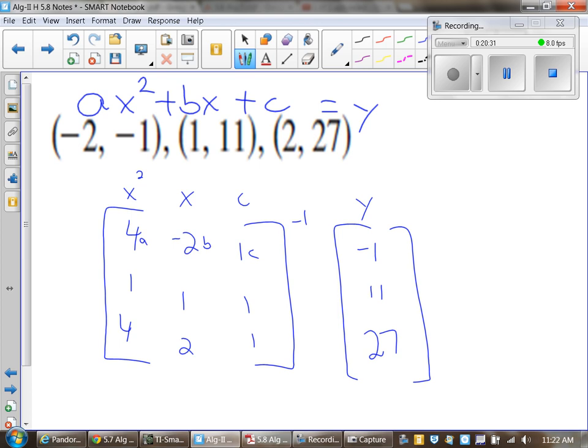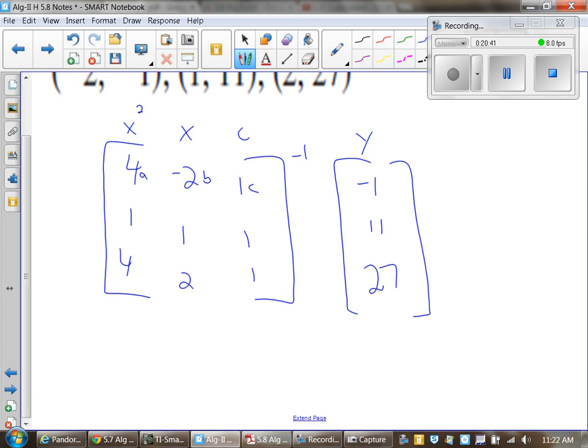X is negative 2, 1, 2. 1's in the C column. Y's are negative 1, 11, and 27. Your answer is 3, 7, 1, so it's 3x squared plus 7x plus 1 is y. Done. 1 is C.